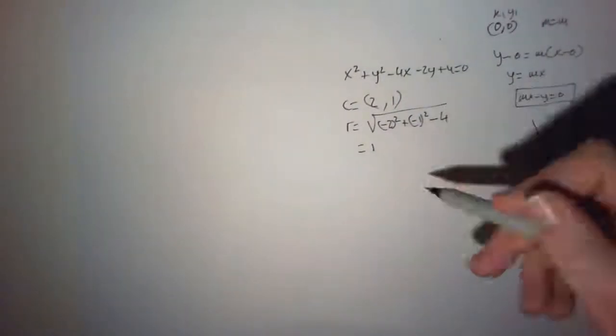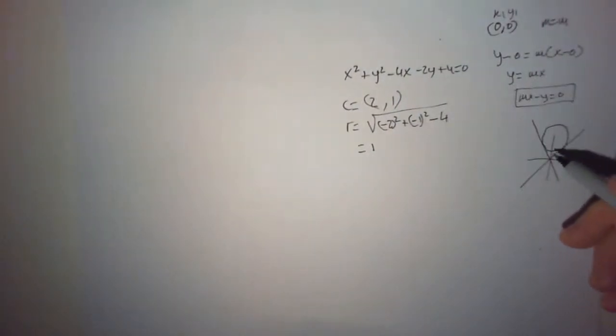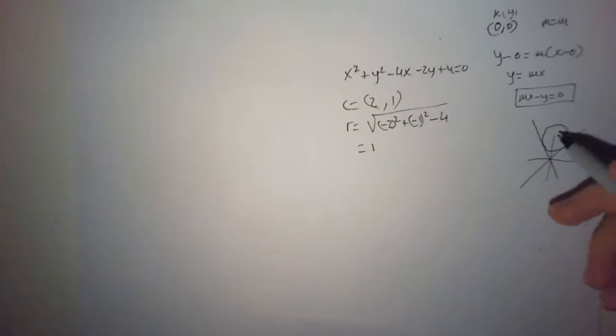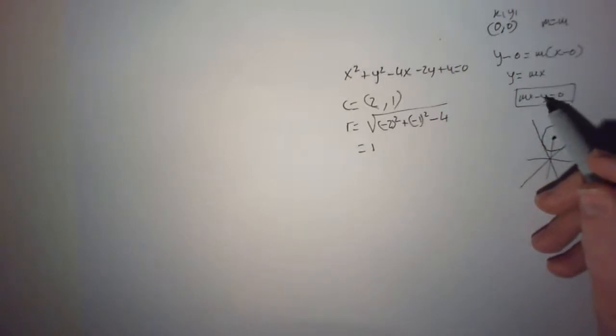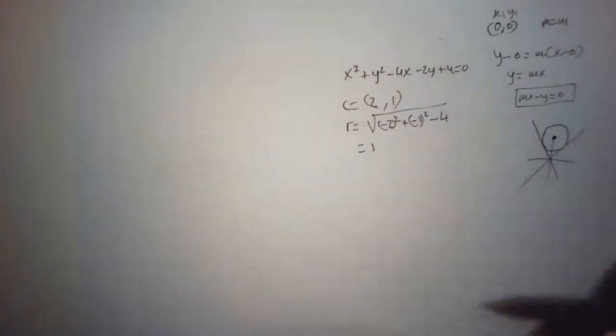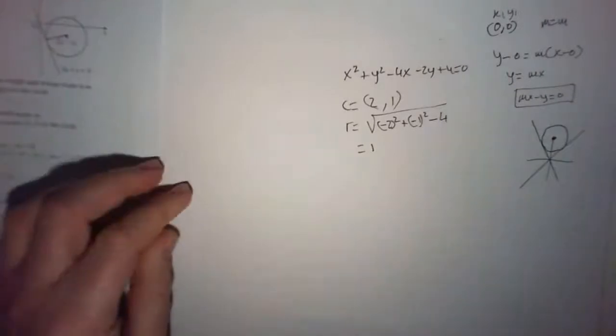So now we've got a lot of information about this hypothetical circle. We have the center of it, and we have the perpendicular distance. See where we're going here? If we have the center and the perpendicular distance, and we have the equation of the other line, then you've got a lot of information to build up the possibilities for m.